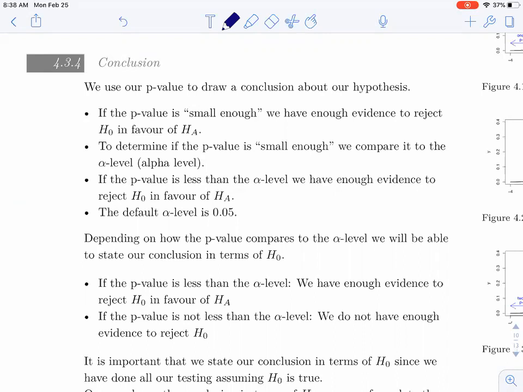On a test, of course, I would just tell you to use an alpha level of whatever, if I don't want you to use 0.05. An example of where you might want to alter it: most fields use 0.05 and that's fine. For medicine, for example, you might want to be more certain of your results, so you lower your alpha level.